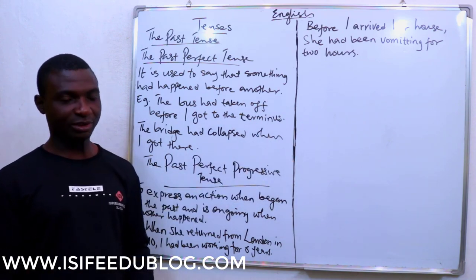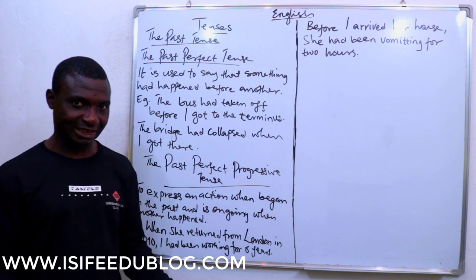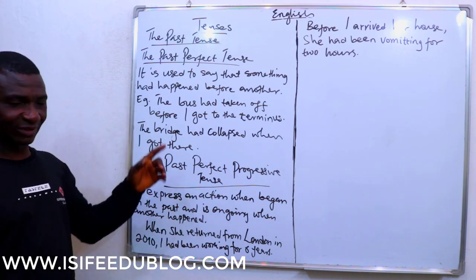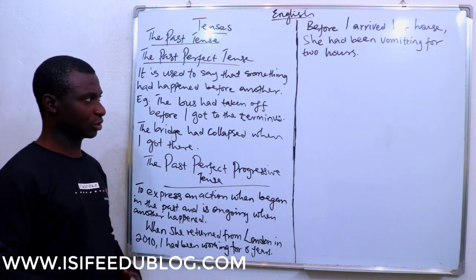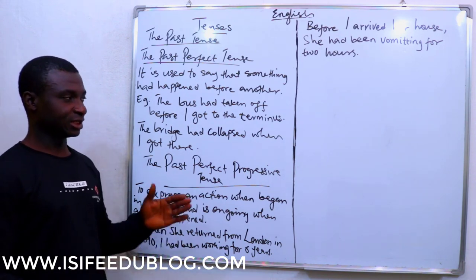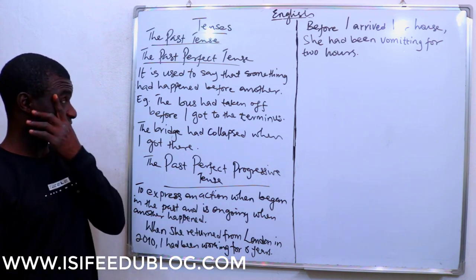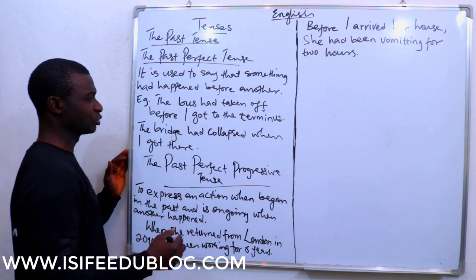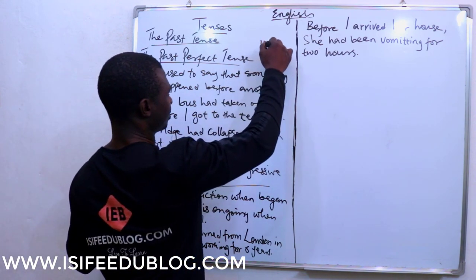So, invariably, one will be in the past tense, then the other will be in the past perfect tense. These two clauses, one will be in the simple past, the other will be in the past perfect tense. That's when had will be used, because we're looking at the use of had right now. Had.